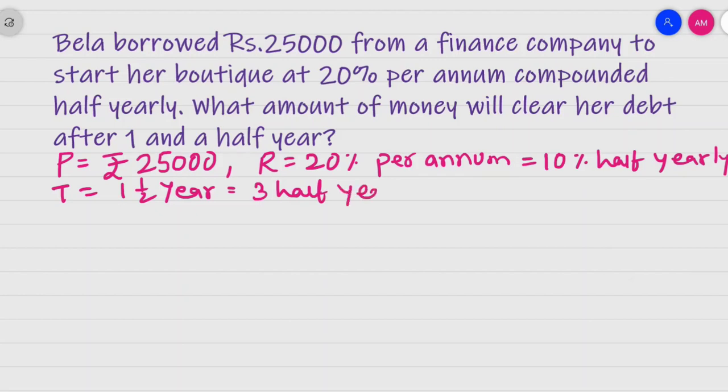Now everything is very clear. We have to just find out the interest, and then we have to tell what amount should Bela return back to that finance company.